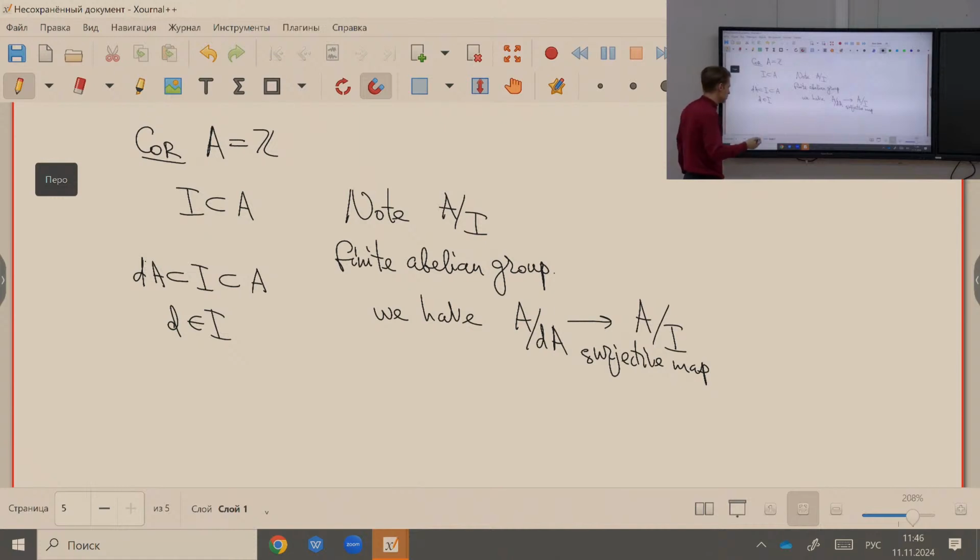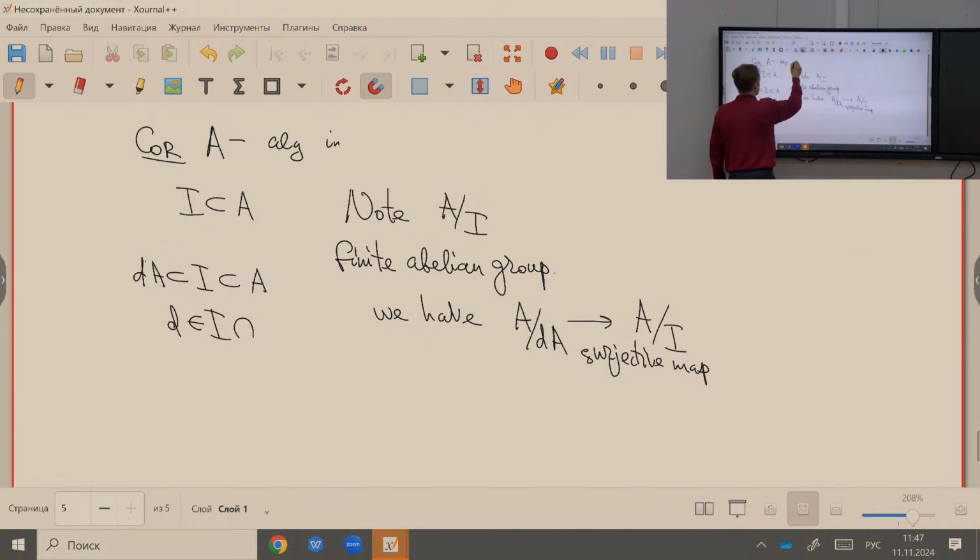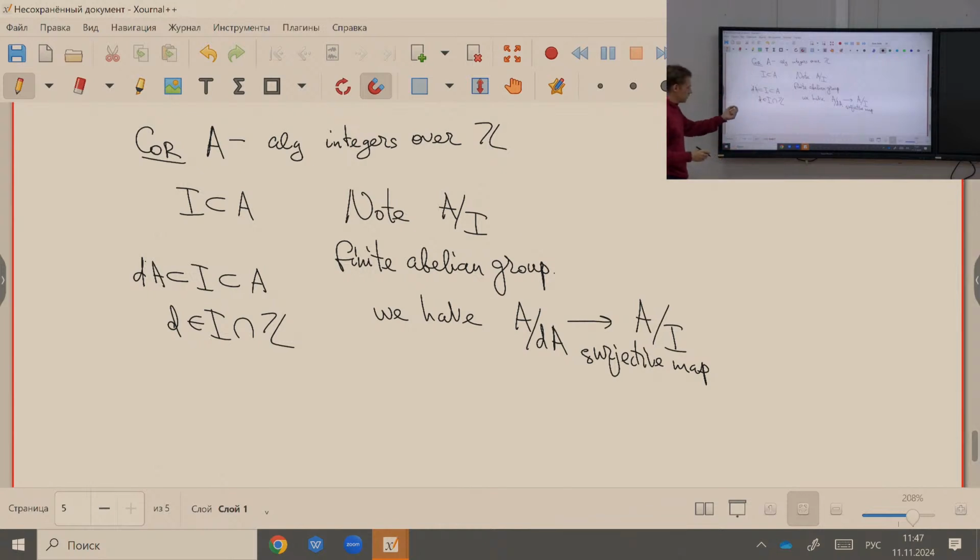So we have assumed that A is not equal to Z, just algebraic integers, algebraic integers over Z. So you can take D belonging to I intersection with Z, which is not zero.